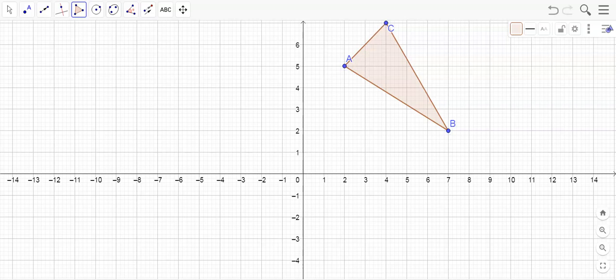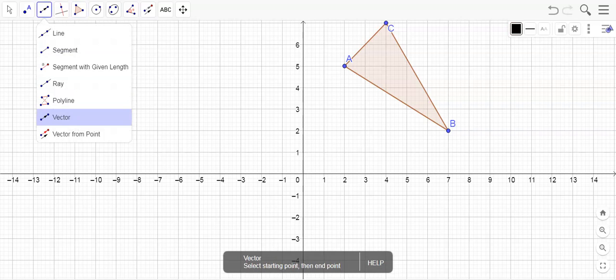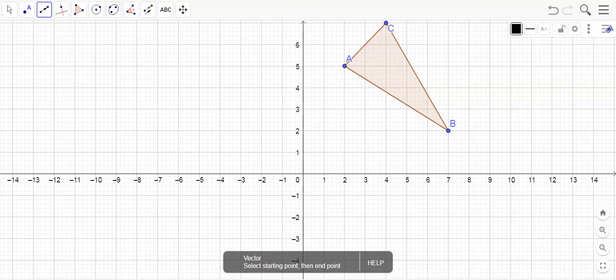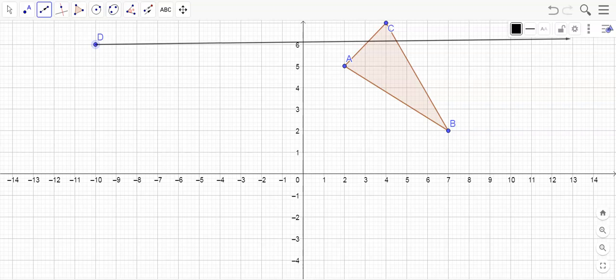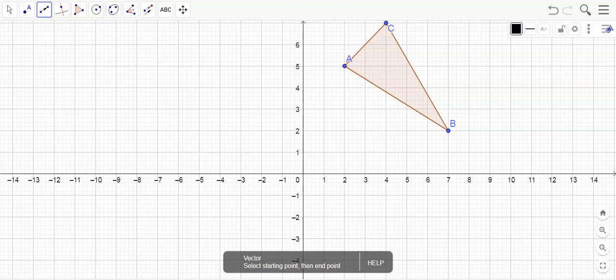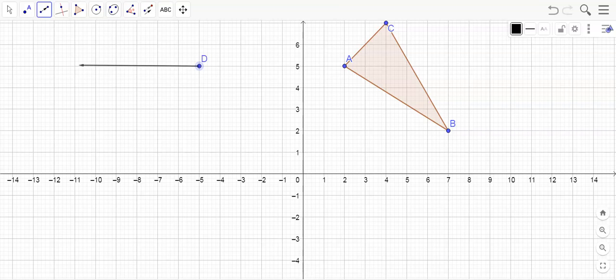Now if I want to move it 5 left and 3 down, I could create a vector and just start it wherever and go 5. Actually, I'm going to move it over a little bit. I'm going to undo that last step and create a vector again, give myself some more room. So we'll go 5 left and 3 down. Should put it right here.